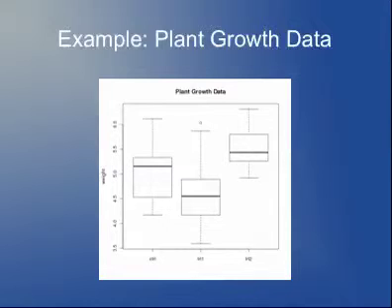We want to test the null hypothesis that the average growth of the plants is the same in all 3 groups versus the alternative hypothesis that some of the groups experience different growth levels than the other groups. As you'll recall, when we did this with ordinary 2 sample t-tests, we found that treatment 2 seemed to result in significantly higher growth than either of the other 2 groups, and the 2 other groups didn't differ significantly from one another.